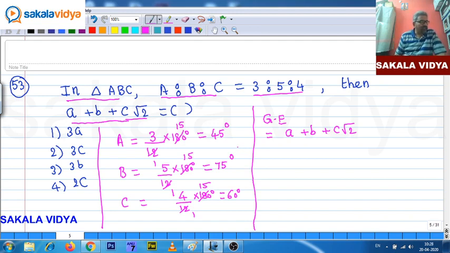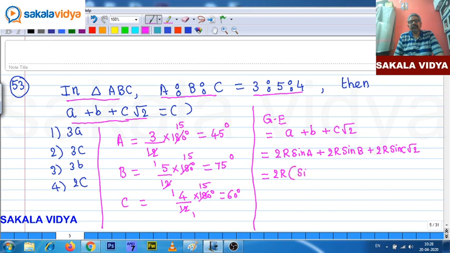Using the sine rule, A equals 2R sine A, B equals 2R sine B, C is equal to 2R sine C, root 2. So now we can take 2R common out. If we take 2R common out, we have sine A, sine B plus root 2 times sine C.